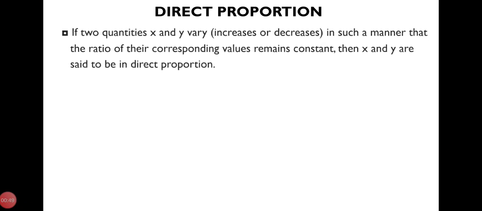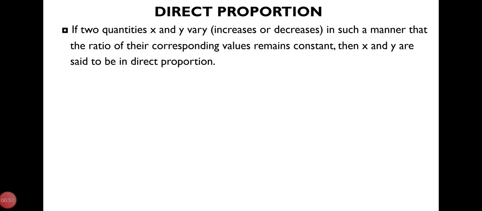Now, if two quantities x and y vary, that is increase or decrease, in such a manner that the ratio of their corresponding values remains constant, then x and y are said to be in direct proportion. Means suppose two quantities x and y are given, and they change in such a way that if x is increasing, y will also increase.